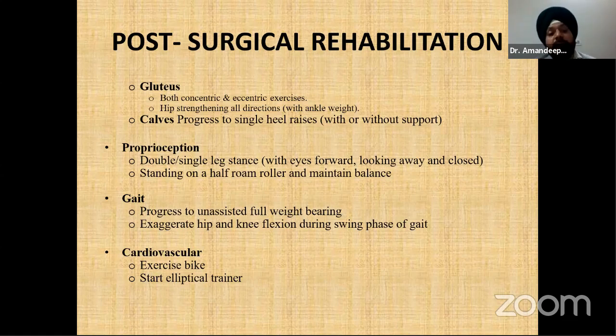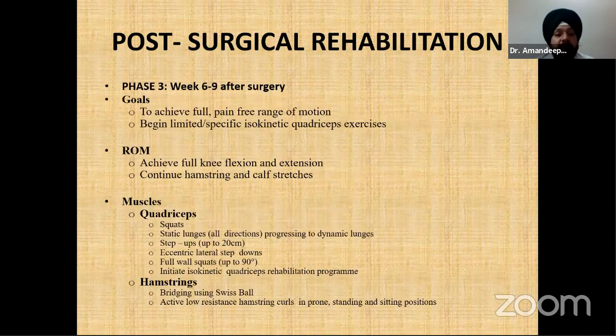Proprioception: we need to progress to double or single leg stance with the eyes closed as well as eyes forward, then standing on a half foam roller and maintaining balance. Gait training should be there. Progress to unassisted full weight bearing. Then cardiovascular: we make use of the exercise bike and start the elliptical trainer.